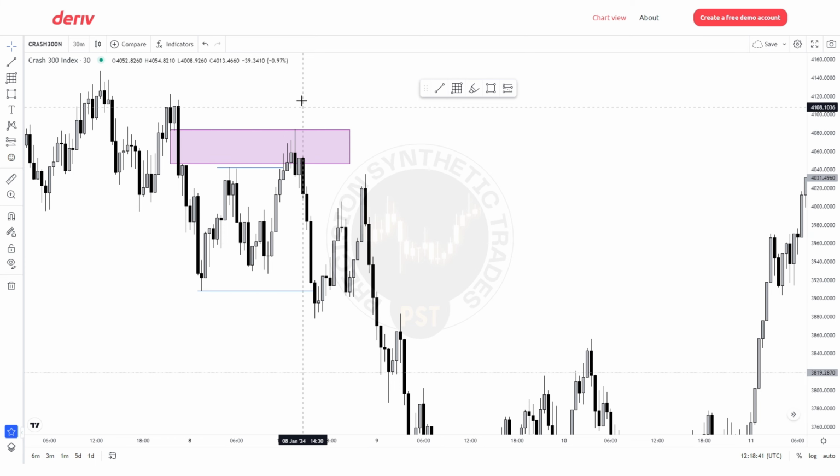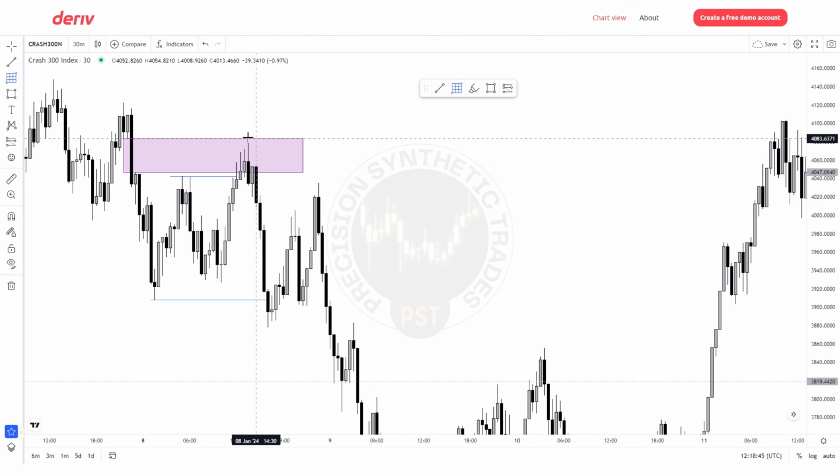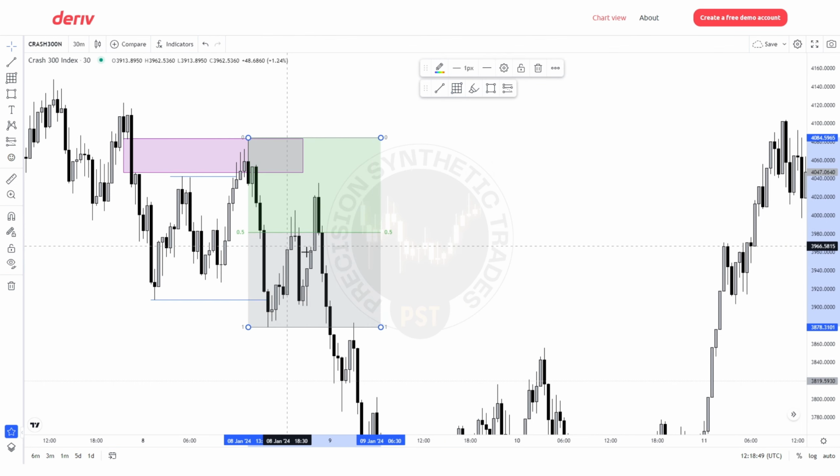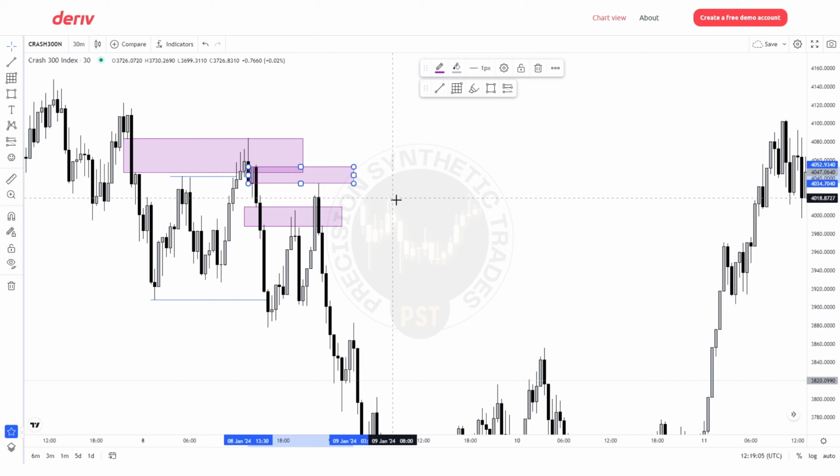High, low, high, low. Okay, from this high to this low, we want to enter a trade above the 50%. Now what do we have above the 50%? We have a fair value gap there, and we have an order block there.